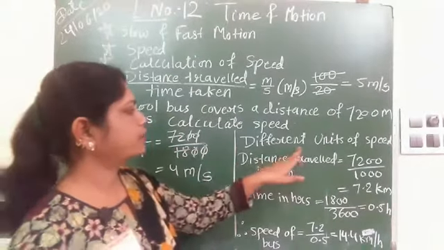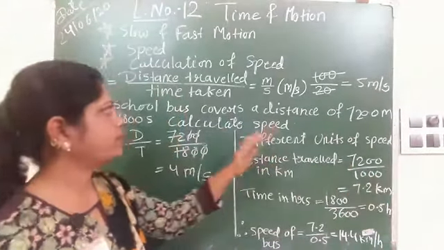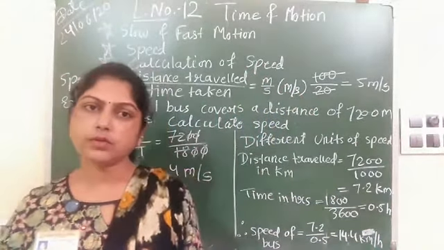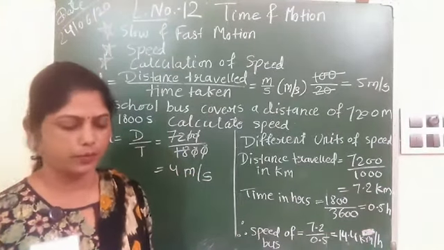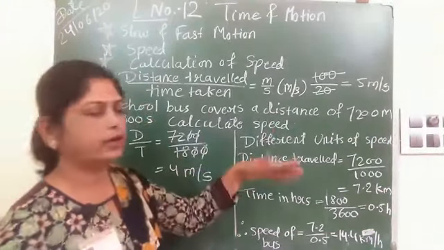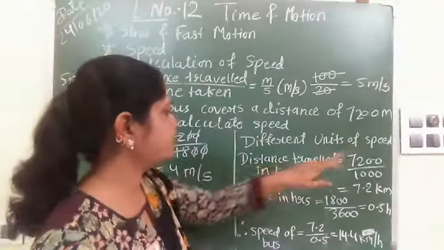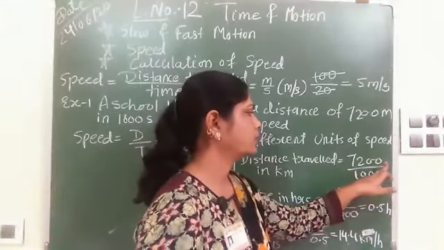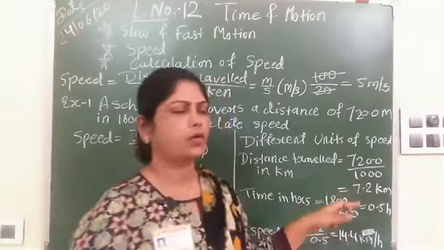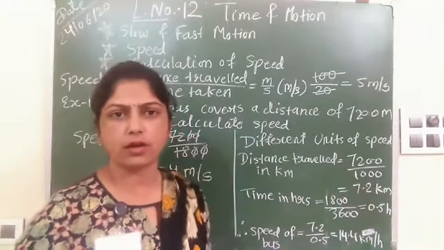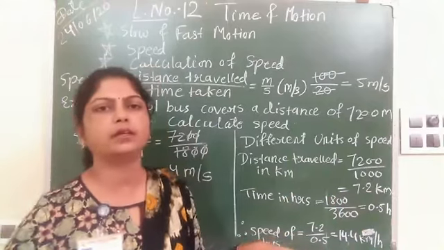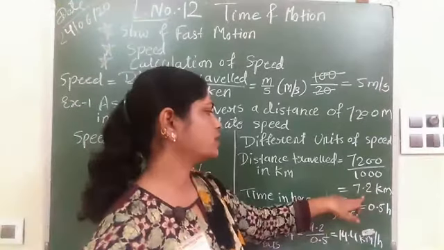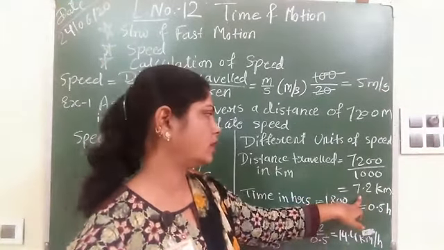Now, different units of speed. We can measure speed in meter per second, kilometer per hour also, mile per hour also. See here, different units of speed. Distance traveled in kilometer is 7,200 divided by 1000. Why do we divide it by 1000? Because 1 kilometer is equal to 1000 meter. So it comes 7.2 kilometer.